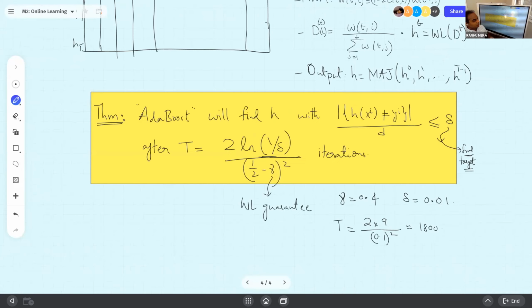So basically we use the weak learners to compute h, right? So we computed this hypothesis h. And now whenever I get a new face, I will use h on it.